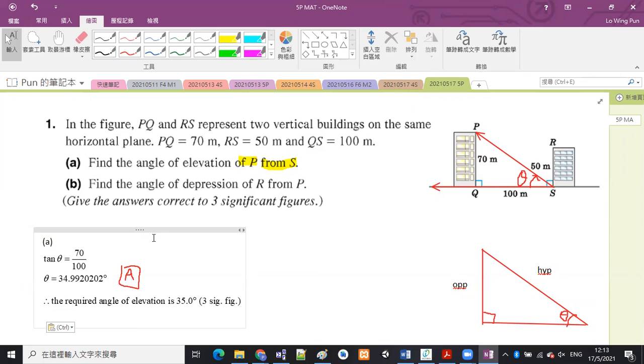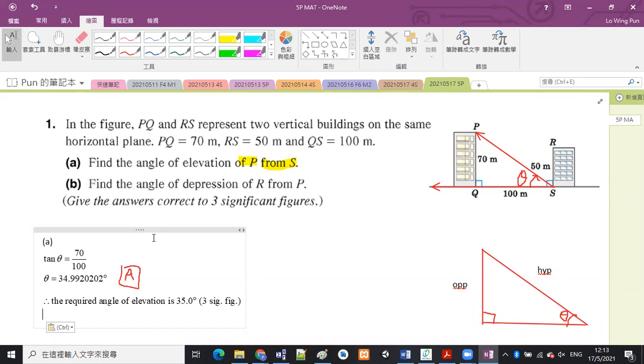And in part B, we have another type of angle. For the angle of elevation, we are looking upwards. If we want to look at something below our eye level, we need to turn our head downwards. Again, we need to look in the horizontal direction first.